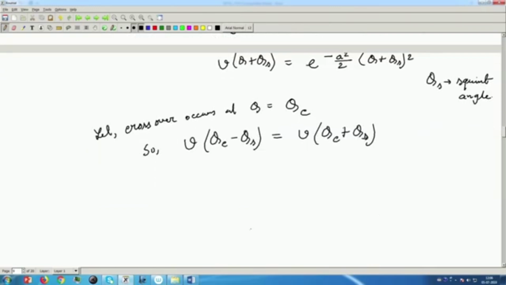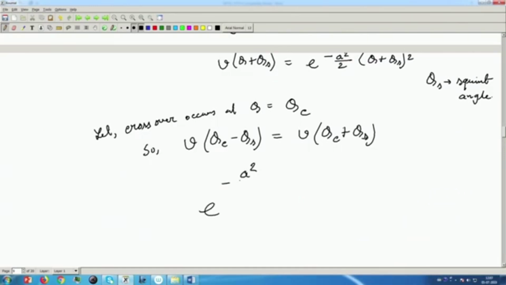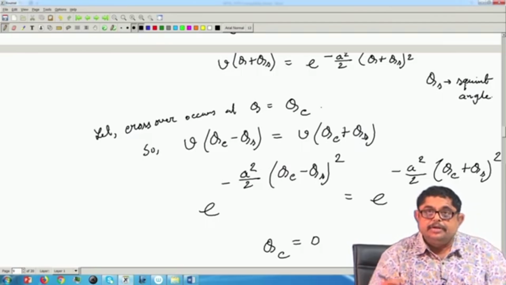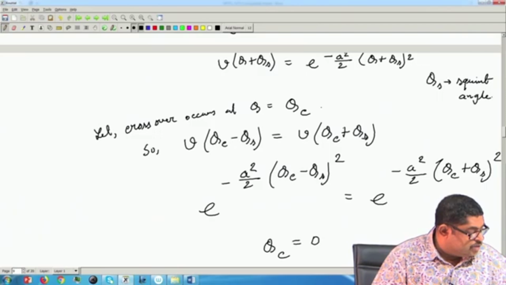If you put those expressions, that means e to the power minus a square by 2 theta c minus theta s whole square is equal to e to the power minus a square by 2 theta c plus theta s whole square. Solving this, we can say that theta c will be 0. That means, crossover is at theta c equal to 0.